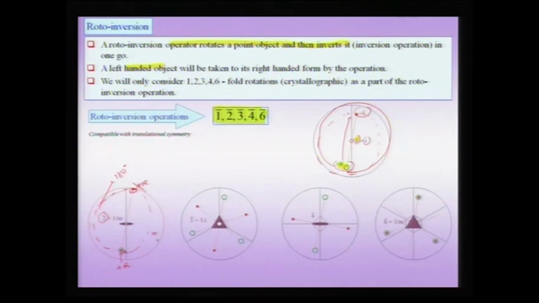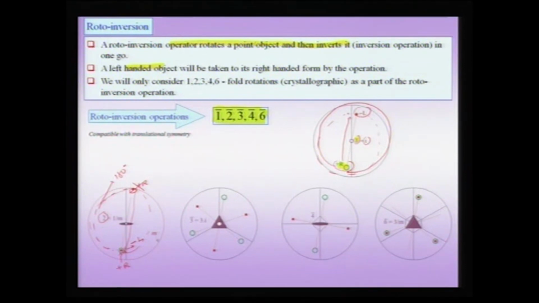I will immediately invert, which will take this point to a point which is below the plane of the board, and which is this red square which is minus, and it is a left-handed object. Therefore, when I have a 2 bar roto inversion operation, I start with a green circle, rotate it, do not leave a point, invert it and come back right below the green circle, which completes my roto inversion operation.